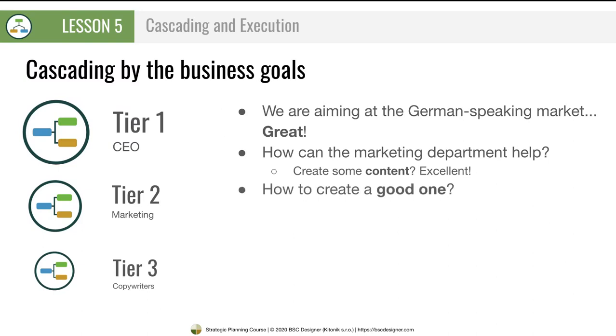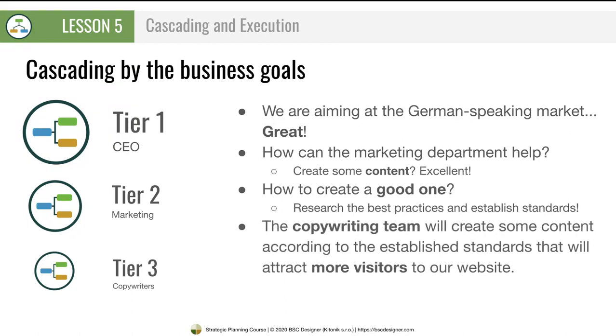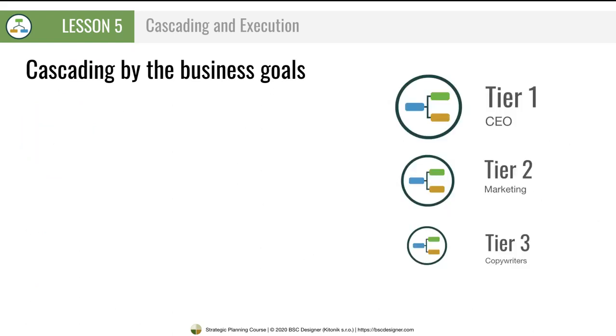The copywriting team will create some content according to the established standards that will attract more visitors to our website. It looks like a great plan. Now everybody knows what their role is. That's the cascading by the business goals.